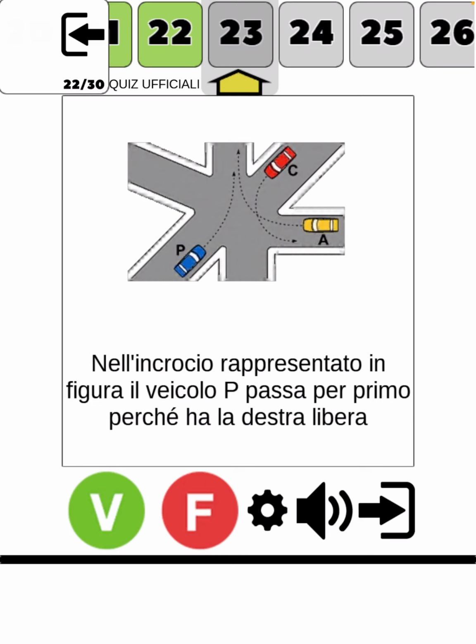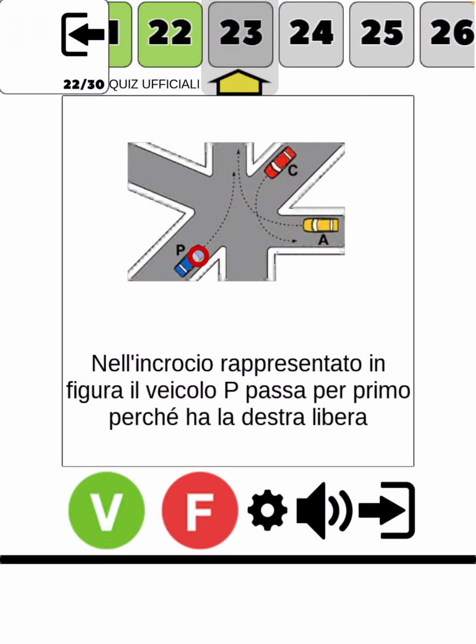He said the vehicle P will be the first one to pass because it has the free right. Yes, the question is right, because he has precedenza over these two cars. He will be the first one to pass.